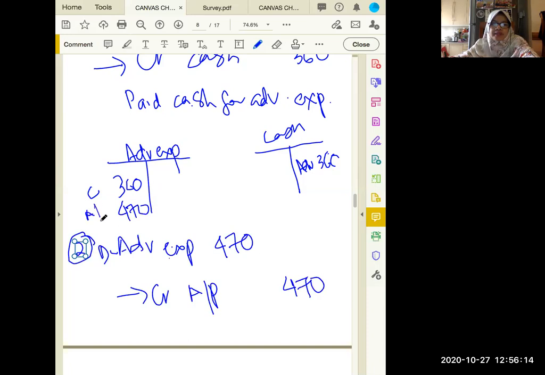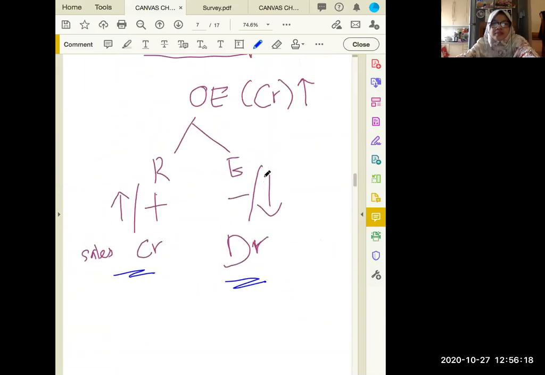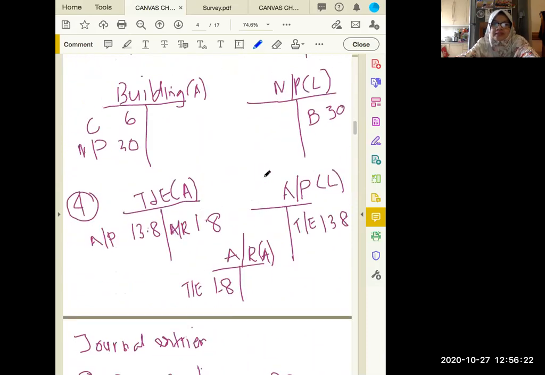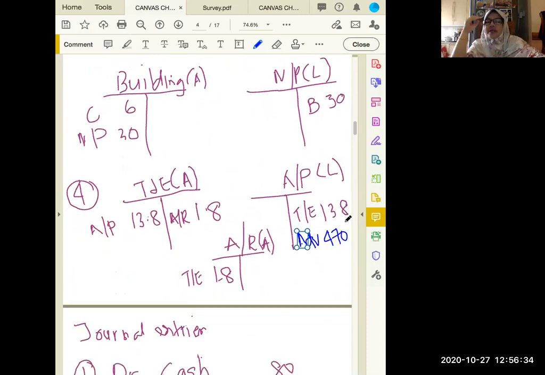You put accounts payable, and you already have accounts payable here. You can put your advertisement here, and the balance is 730. Because you already have the account, you don't have to create another account, otherwise you have a lot of accounts.